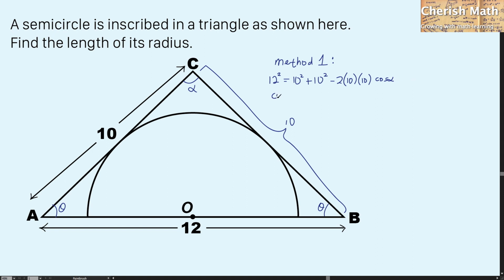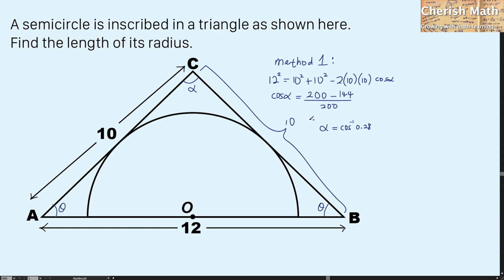For cos alpha, it is (200 minus 144) divided by 200. And now alpha is the inverse of the cos, and by simplifying this fraction it is now 0.28. I will keep it in this form for the next calculation.